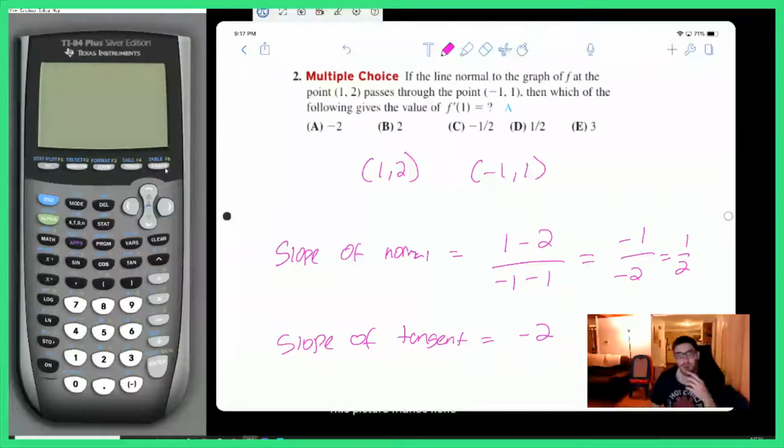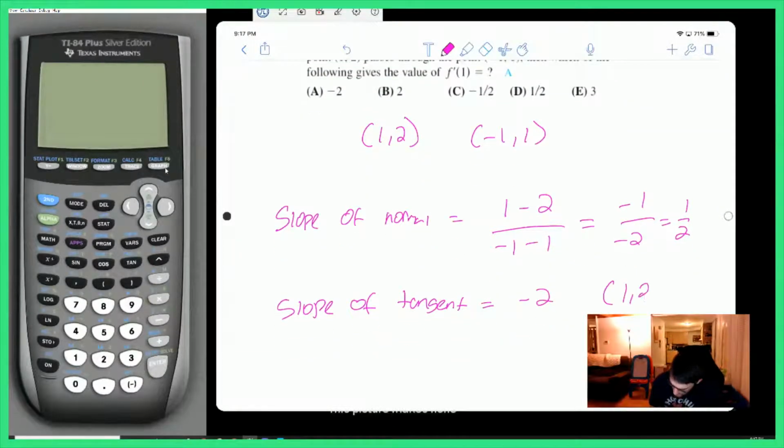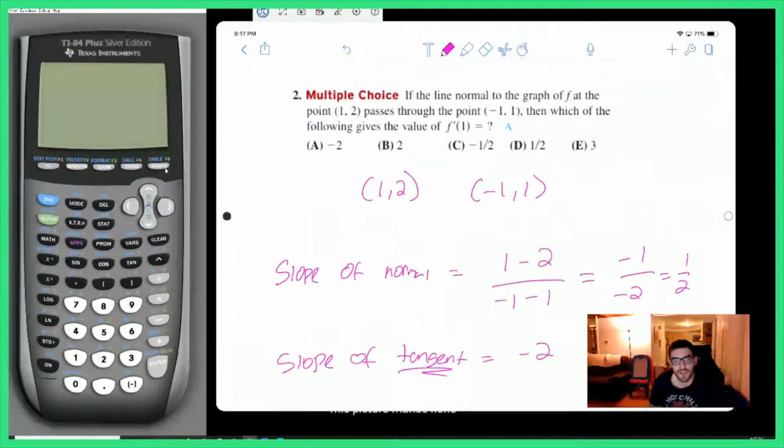So interestingly enough, I now know the slope of the tangent, and I also need the coordinate of the tangent, and it's going to be the same coordinate at which the original is tangent, which is (1, 2). So I think that's enough information to build the tangent and then find the slope, although I'm not sure I need to, because this question is actually just asking what is the slope of f at 1.